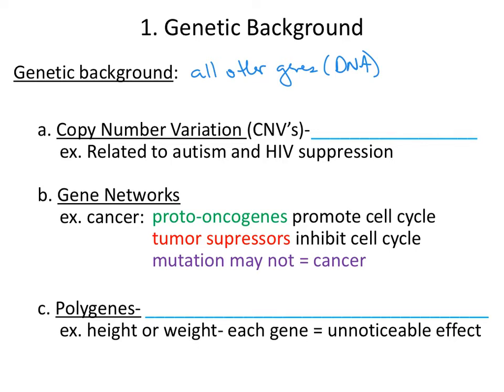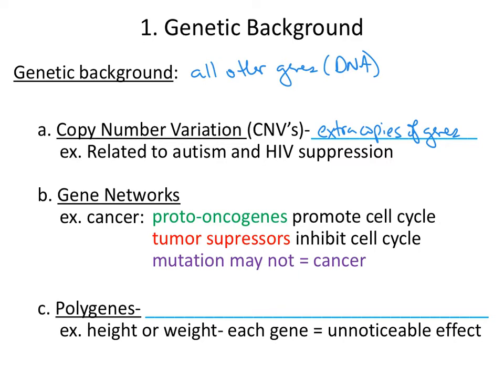Okay, so 1 is what's called copy number variations. So copy number variations are extra copies of genes. You can imagine just having extra copies of genes can alter how much of a product is expressed, right? You have 10 copies of a gene, you express the gene, you get a certain amount of protein, and then let's say now there's 20 copies of the gene.